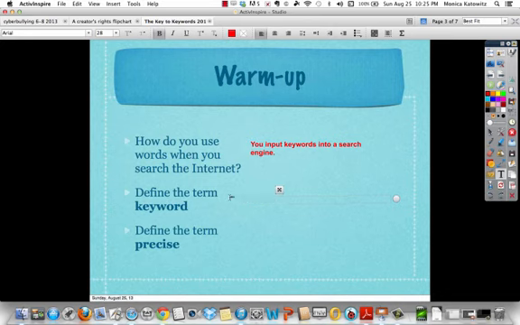Okay, the word keyword is the most important words related to a subject which you type into a search engine to find the information you want.